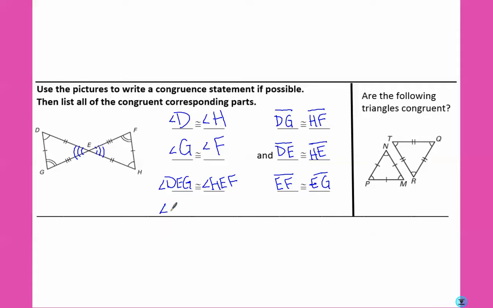So we know triangle DGE is congruent to triangle HFE.